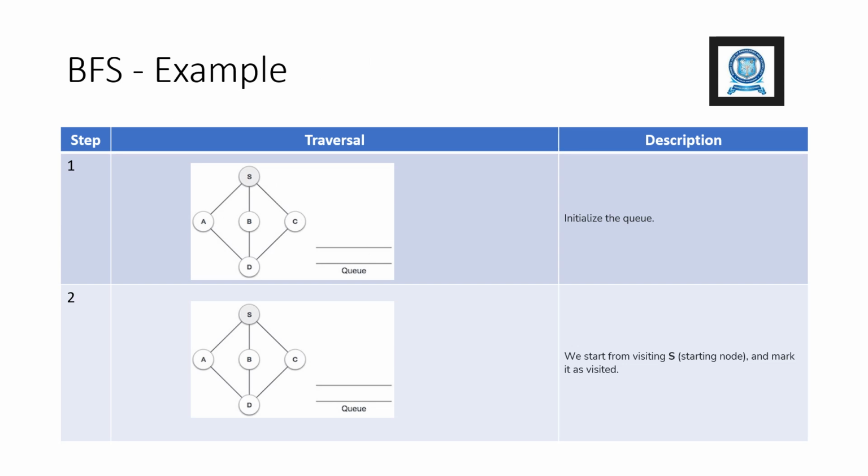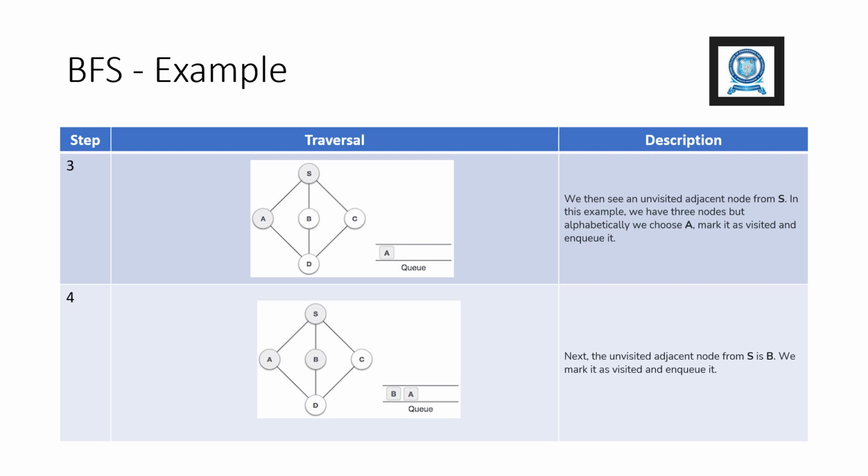Here is an example for BFS. In the traversal column, there is a graph, and in the description, I have shown what has to be done to attain the BFS algorithm. Here, first step, initialize the queue, and in the second step, we start by visiting S and mark it as visited.